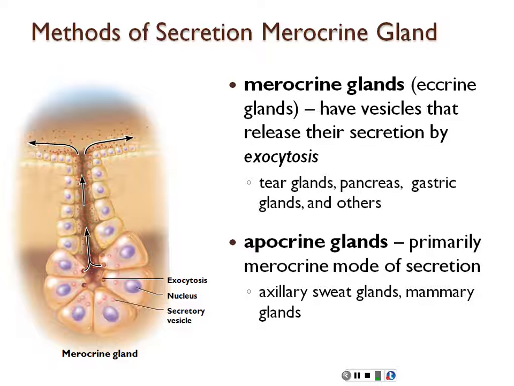So the way the cell releases it is by exocytosis. And that's one way. And you have apocrine glands, which are the same in terms of the way they secrete.